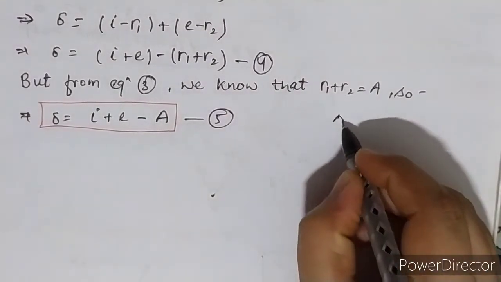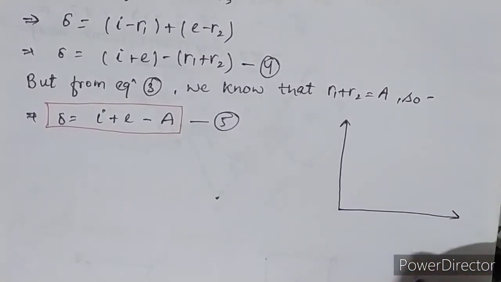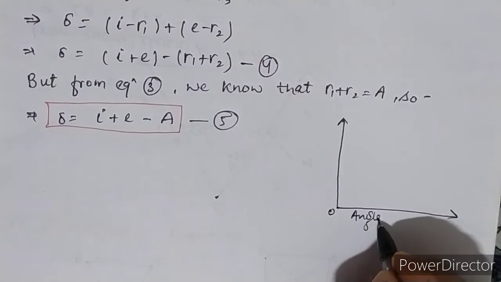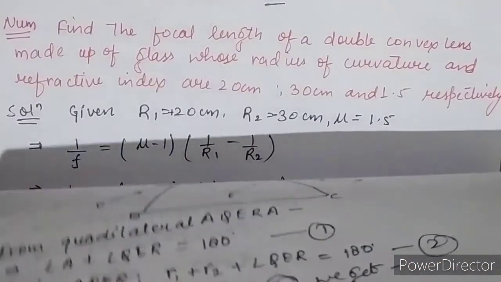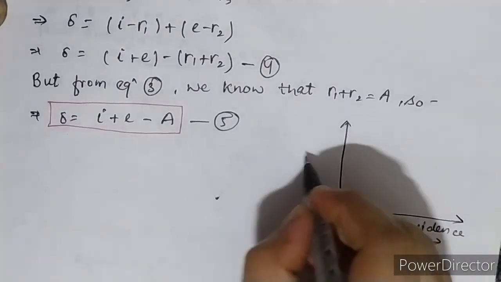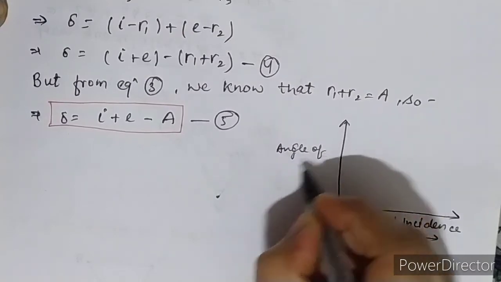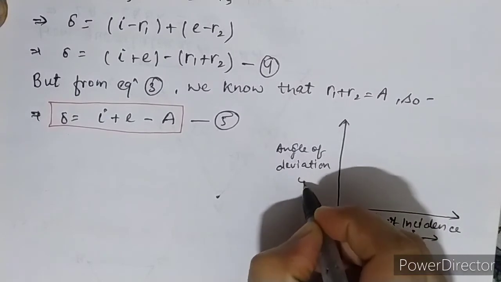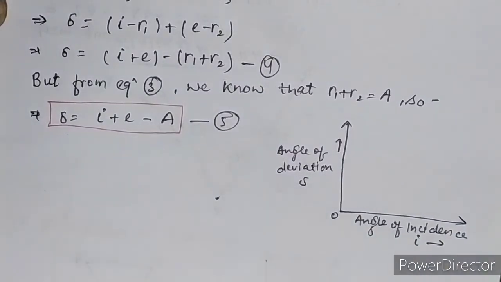The graph is always made between angle of deviation and angle of incidence, because the angle of deviation depends upon the angle of incidence. Angle of incidence I, and this is your angle of deviation del. Clear? This is your origin.